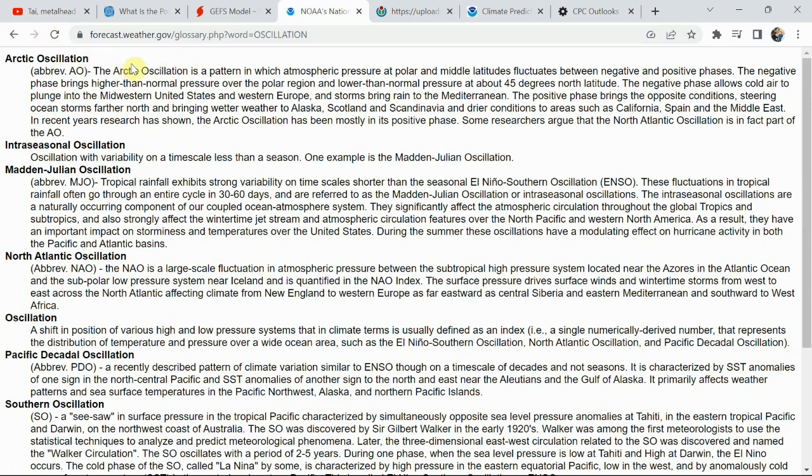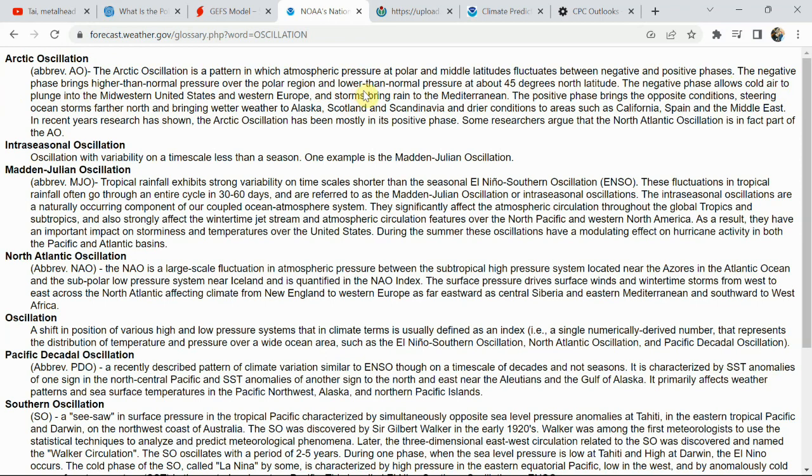So the Arctic oscillation is the one that's closest to the polar vortex, and there's a negative and positive phase with this. The negative phase basically brings higher than normal pressure over the polar region, and lower than normal pressure at about maybe 4 to 5 degrees northern latitude. This negative phase will allow much more cold air to plunge further southward.